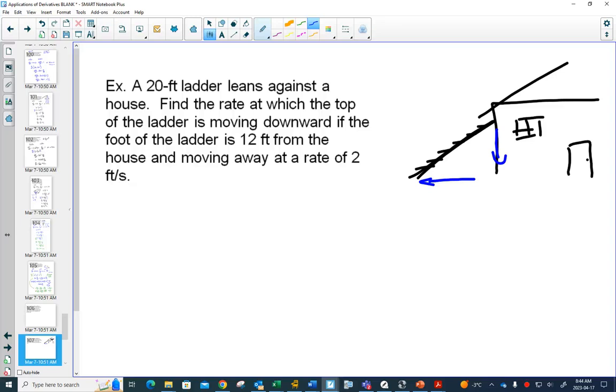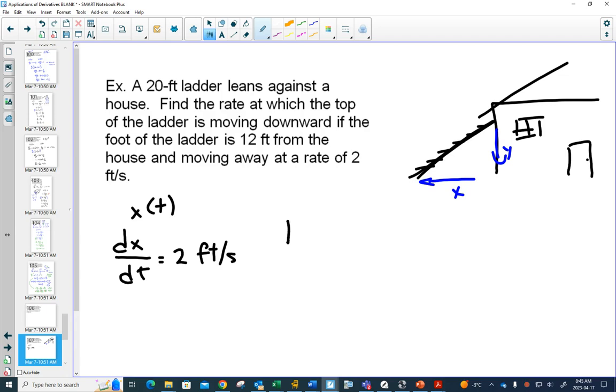So again, what we have here is a right angle triangle, and things that are changing is this x distance is changing, and this y distance is changing. We want to find the rate at which the ladder is moving downward, and we're told the rate that it's moving away, so we know that dx dt is 2 feet per second, which means x is some function of time.